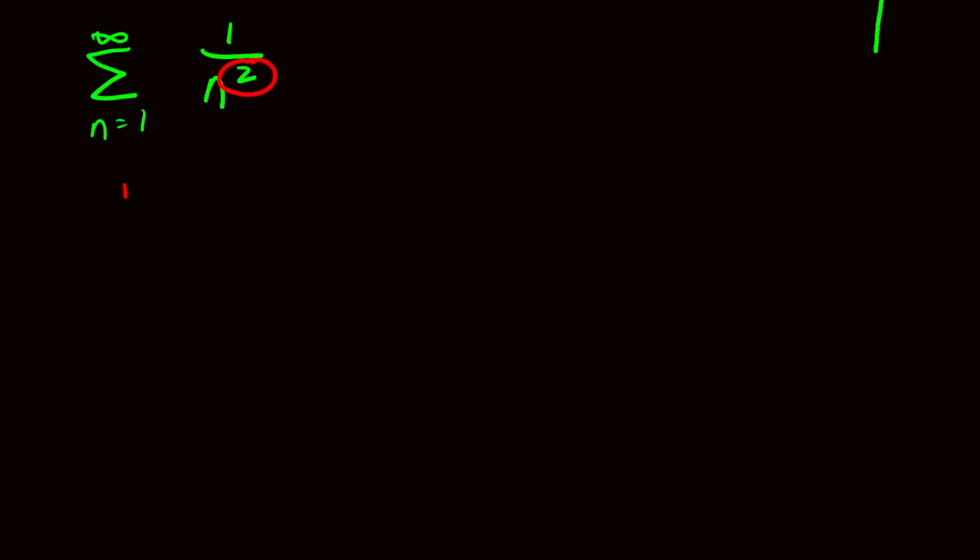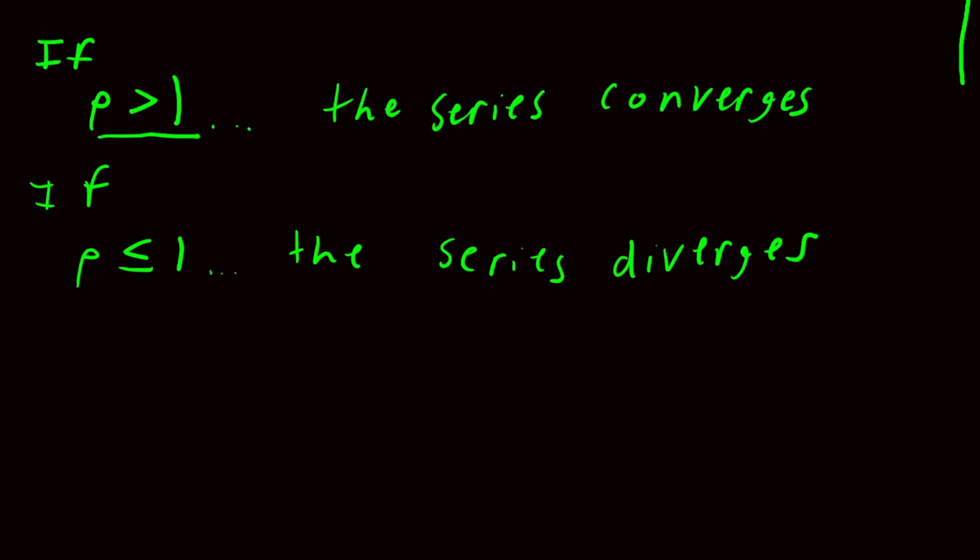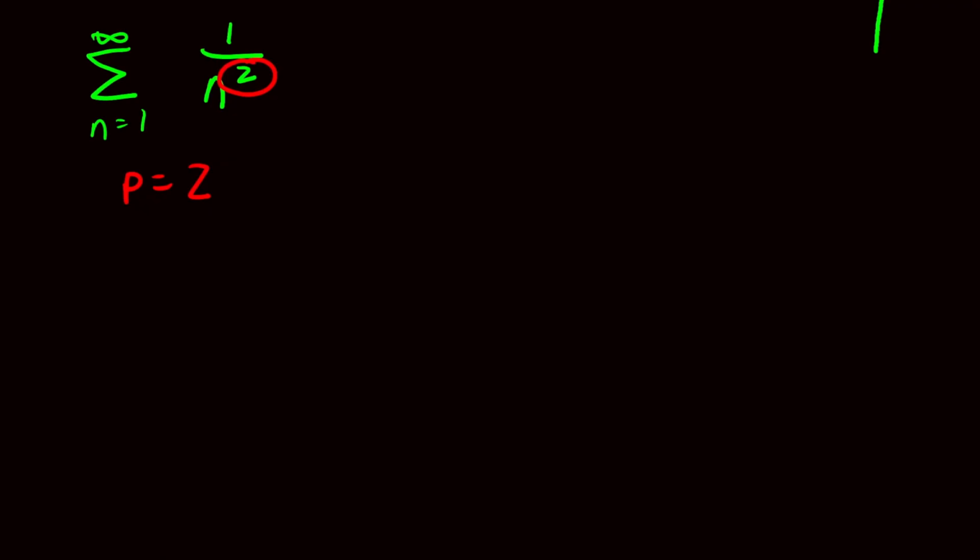The exponent is p, so p equals 2, and according to our rule, if p is bigger than 1, the series converges. 2 is bigger than 1, right? So the series converges, and that's the whole problem. You don't have to take the integral, you don't have to take limits. There's no suffering. You just look at the number and plug it in.